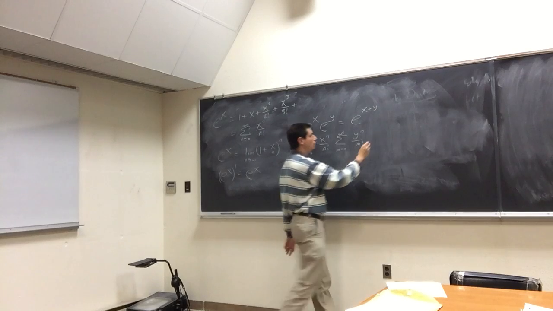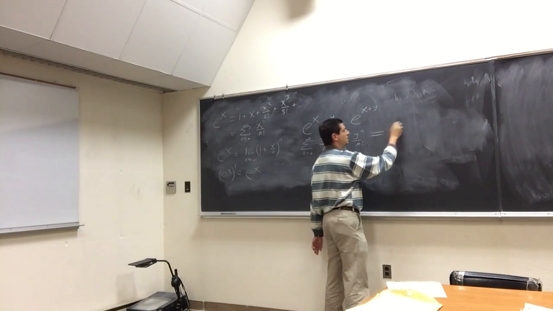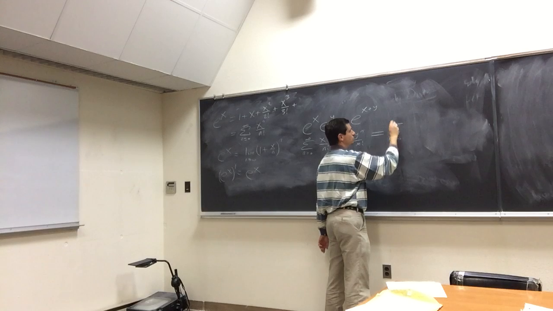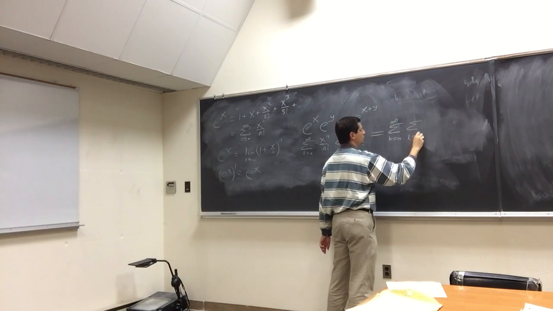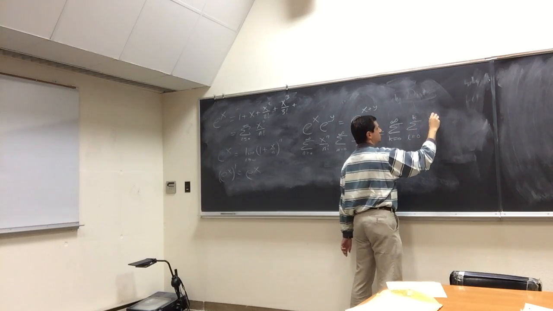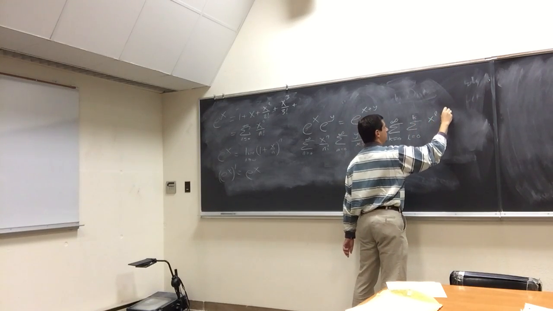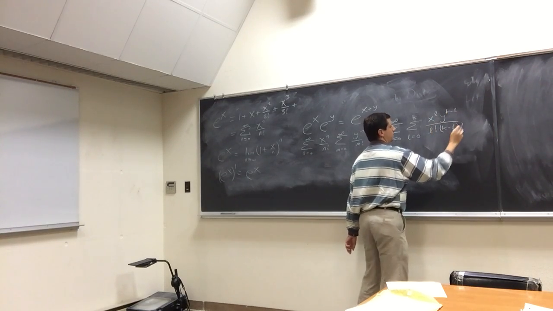So this is the same as the sum, k goes from 0 to infinity, and then the sum l goes from 0 to k of x to the l, y to the k minus l, divided by l factorial, k minus l factorial.